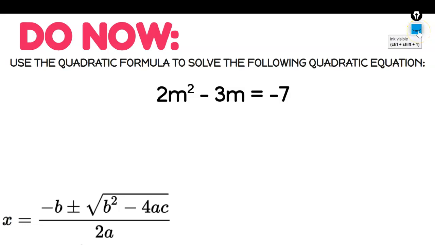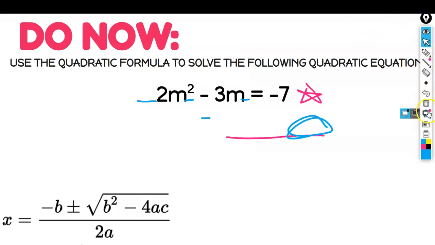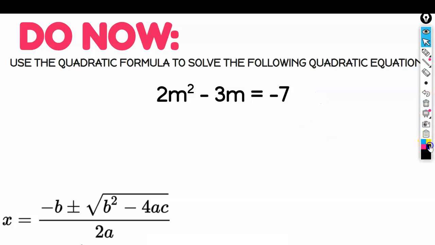Hello, everybody. Today we are going to start out with reviewing what we talked about last class with the quadratic formula. Jumping right into it, in order to use the quadratic formula, the first thing that I need to check is if my equation equals 0.